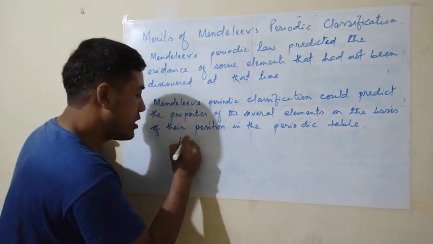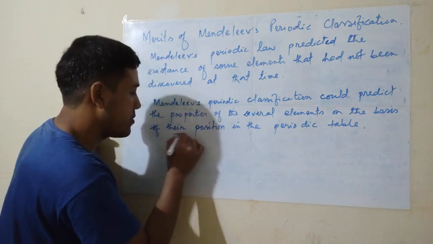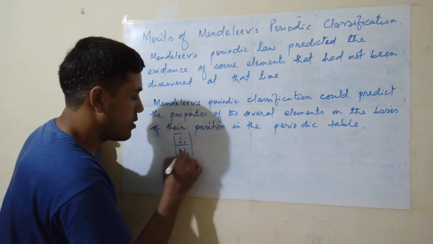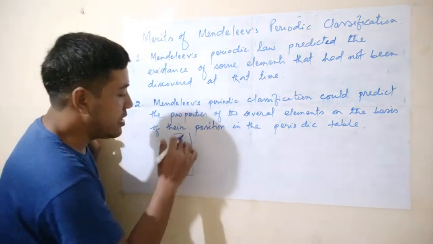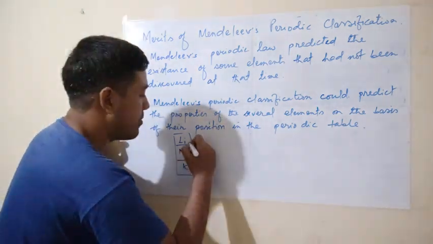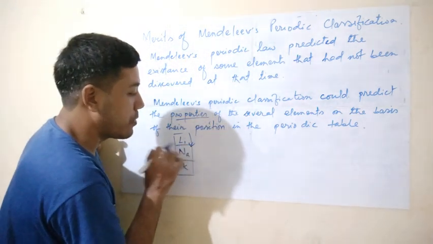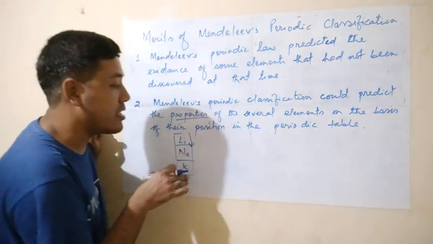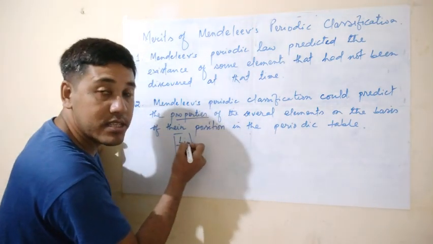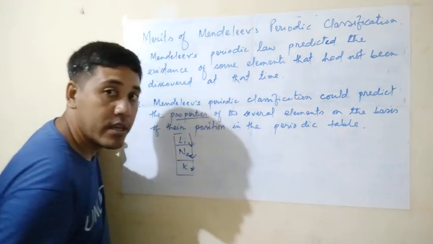Look here: lithium, sodium, potassium, right? He already predicted the positions of lithium, sodium and potassium because of their properties. Because of their properties, he could predict the position of lithium here, sodium here, and potassium here.